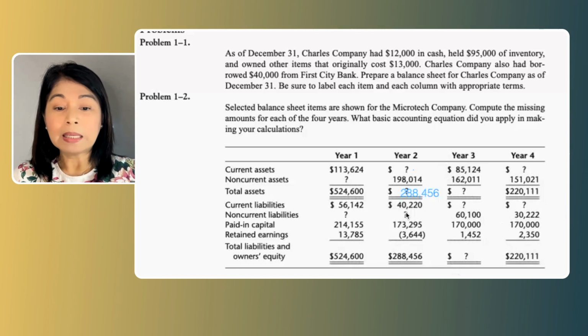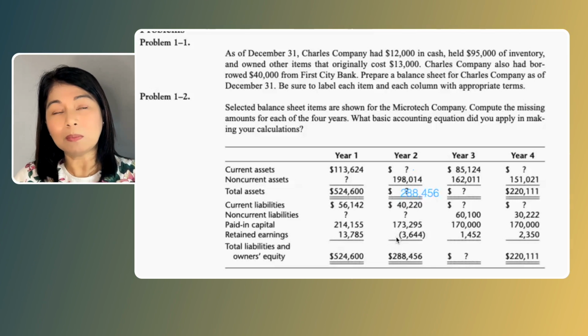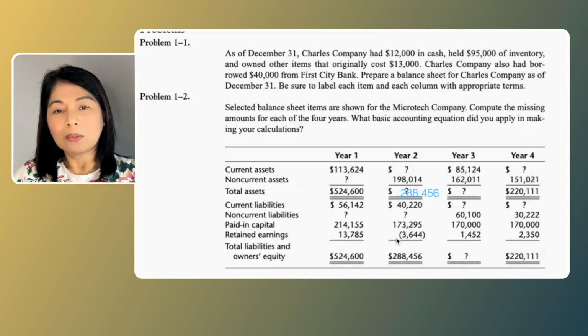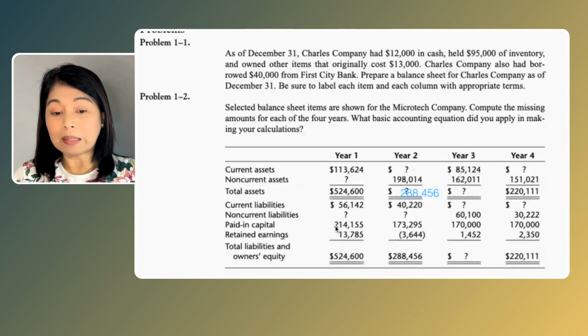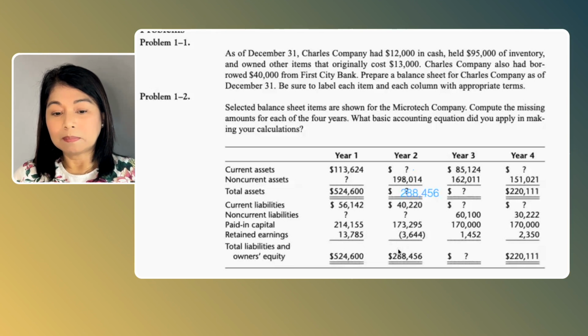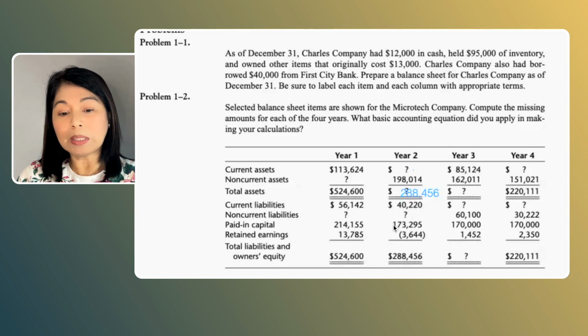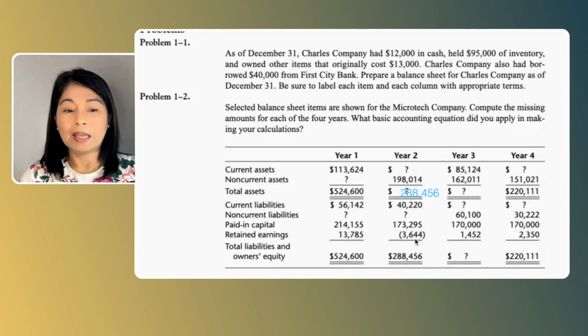You just have to add. And this 3,644 negative retained earnings could have been a loss already. So instead of deducting like this one, you add it, meaning 288,456 minus 4,220 minus 173,295 plus 3,644. Okay?